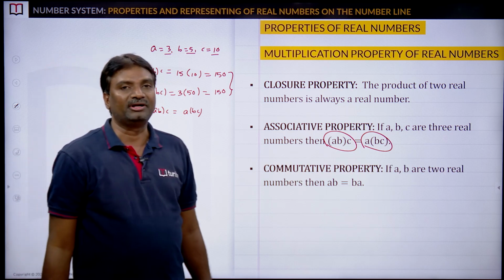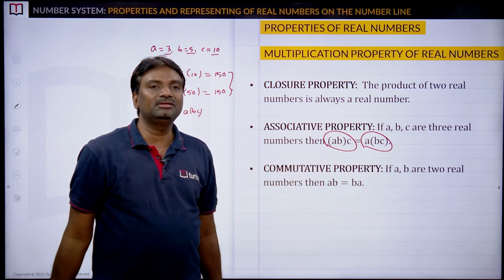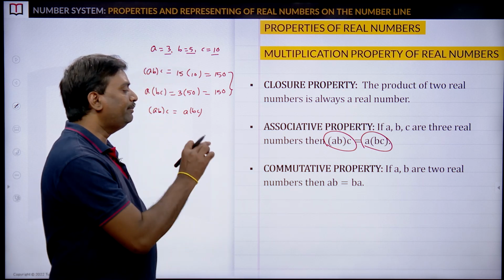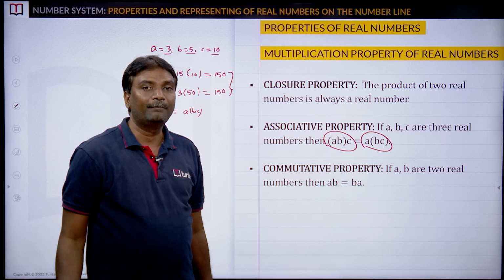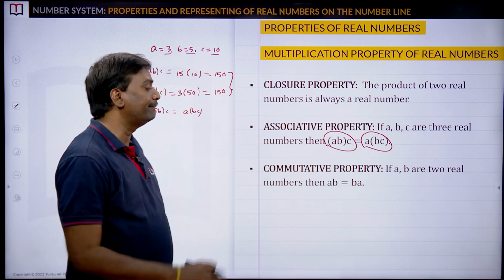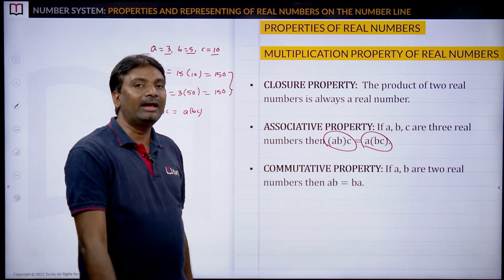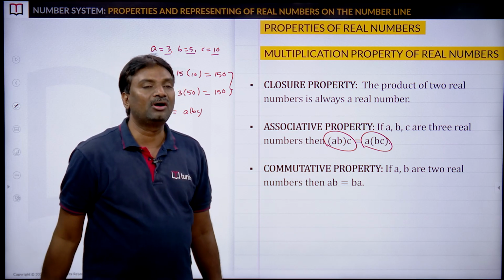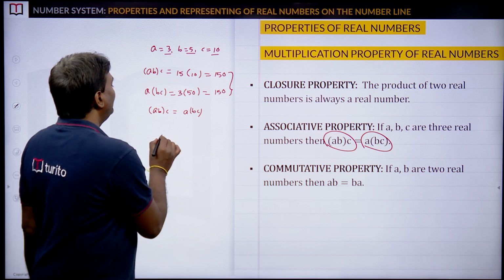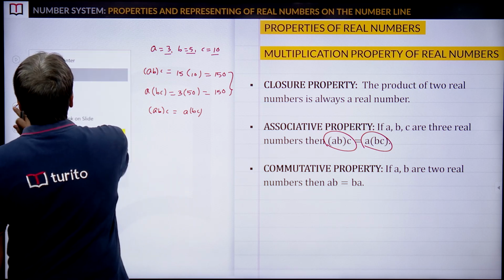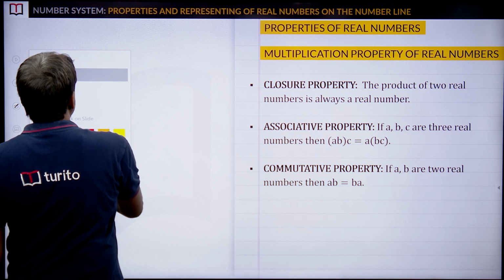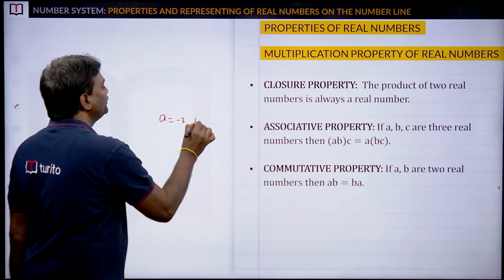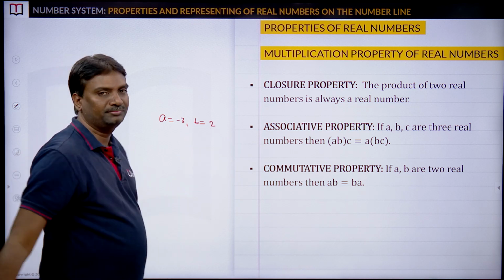Next, the commutative property. You can suppose any two real numbers A and B. Multiply A and B, you will get AB. Multiply B and A, you will get BA. If those two are equal, then we can say the two numbers follow the commutative property. For example, suppose A equal to minus 3 and B equal to plus 2.